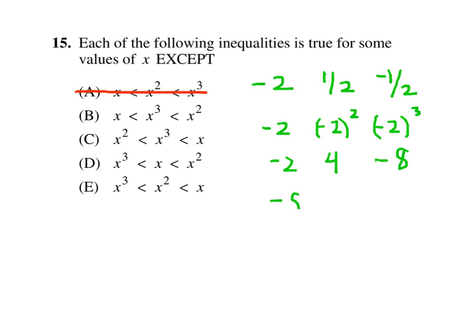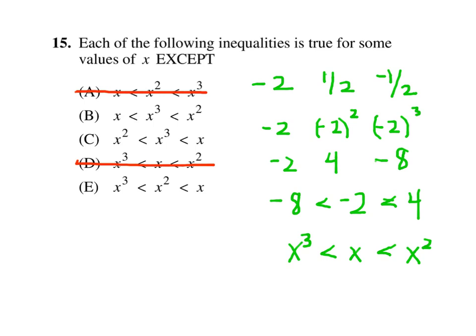That means -8 less than -2 less than +4. So this looks like x cubed less than x less than x squared. That tells us that D is wrong.